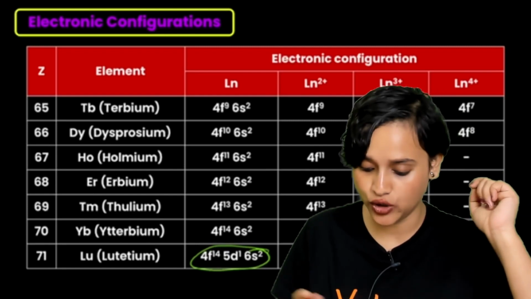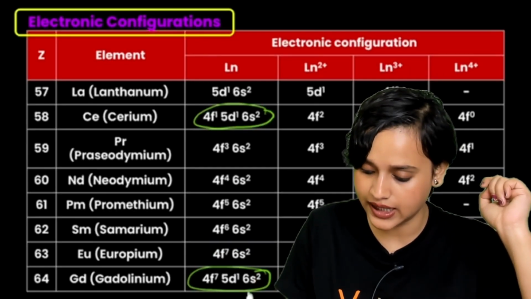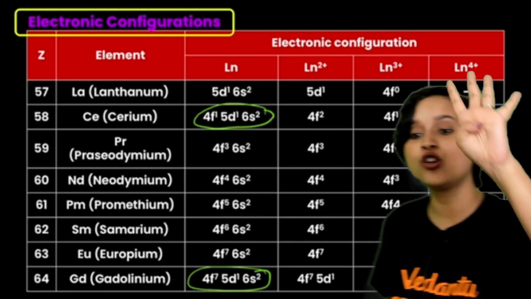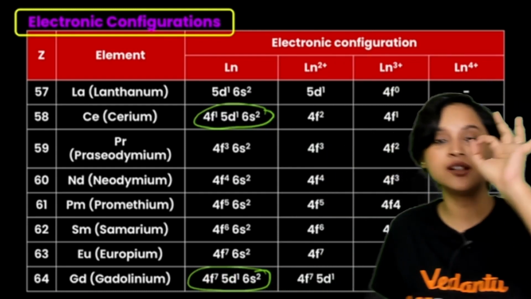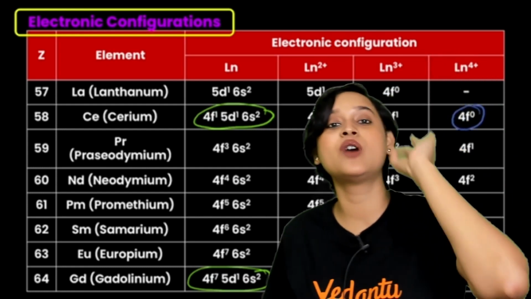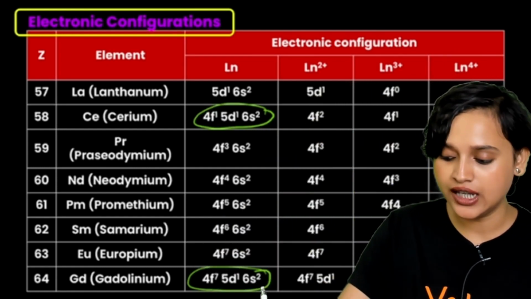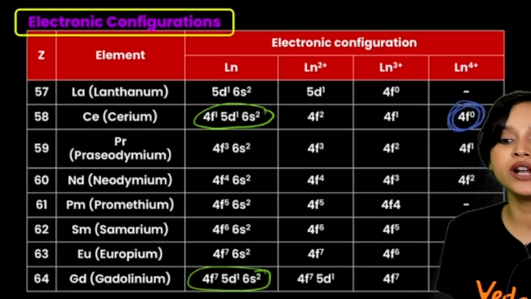Let me show you. For cerium, at Ln +4, that means +4 oxidation state, whenever cerium shows +4 oxidation state, cerium will have empty f orbital. Do you see that cerium has 4f0?